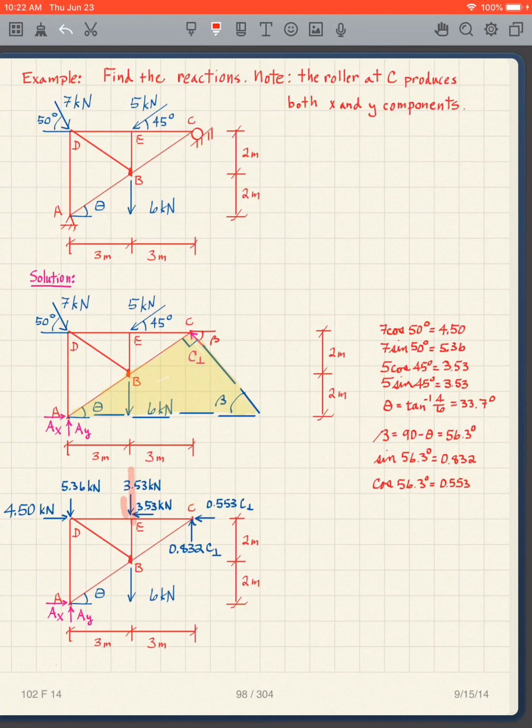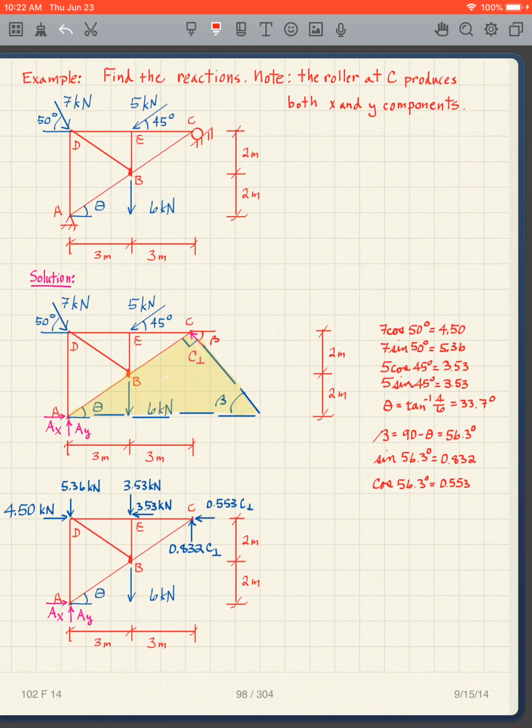That's going to be 5 sine 45. This is going to be 5 cosine 45. This is 7 sine 50. This is 7 cosine 50. And now we have our initial free body diagram.